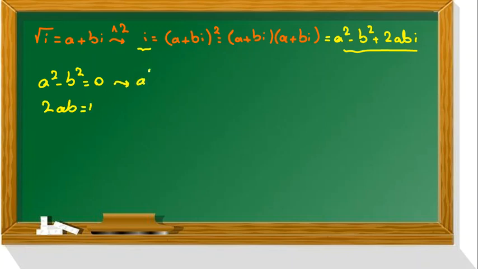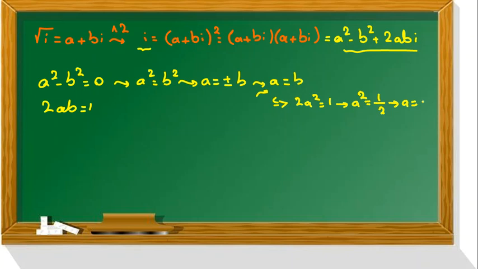From here, a squared equals b squared, so a is plus or minus b, but because a and b are not 0, because 2ab is 1, a and b should have the same sign. So a equals b, and if we replace it here, 2a squared is 1, so a squared is 1 over 2, a is plus or minus 1 over root 2.